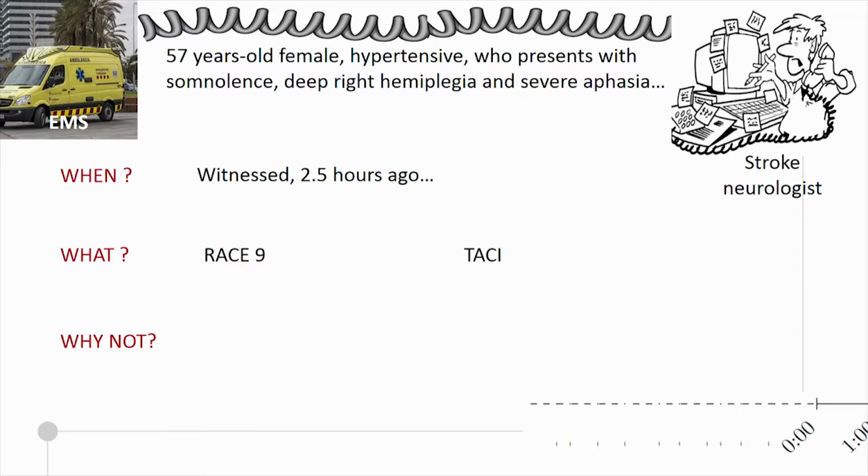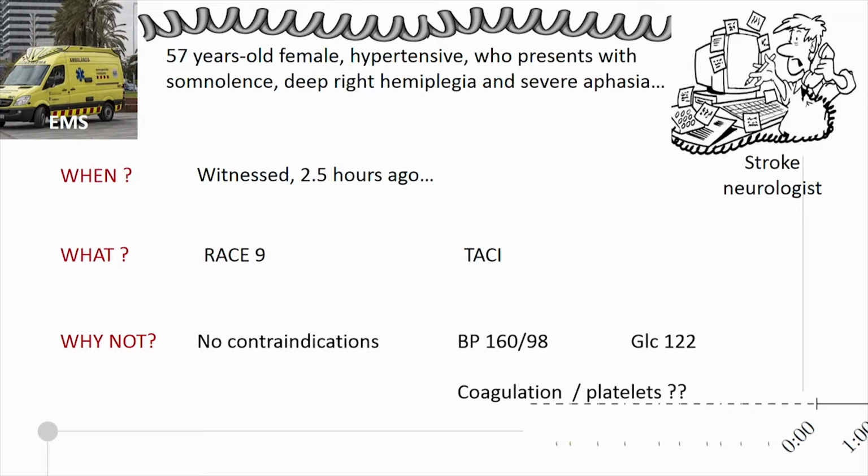So why not? You remember that in my presentation I said that all patients should be considered a reperfusion candidate unless there are contraindications. For what we know, this woman doesn't have any contraindication. We need to know that she's hemodynamically stable, but she is, blood pressure and glycemia are correct.